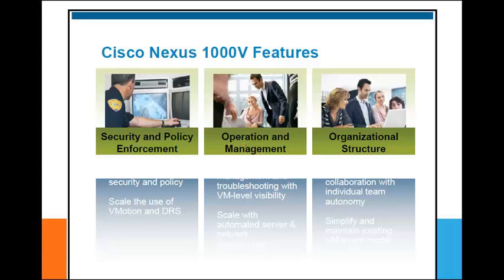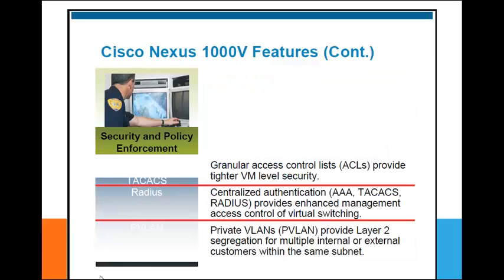Operational management, organizational structure. Let's see one by one what it is. Security and policy enforcement. Now, you can write an ACL. That's one security feature. VM level security. And then we can also have authentication, authorization, and accounting by using TACACS and RADIUS server.